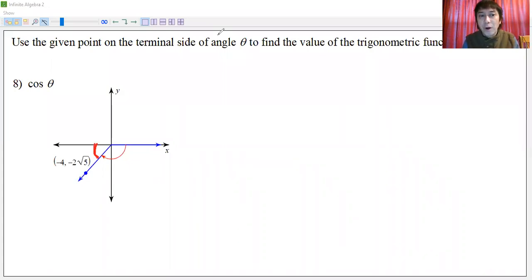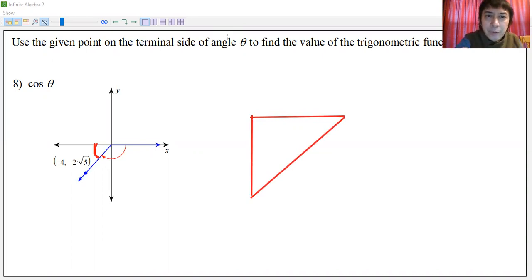And so if we shall attempt to draw our right triangle, it will be like this. There. And our reference angle is right here. Now, how about our x and y? Our xy point is right there. And this is the -4, and the one with the radical, -2 square root of 5.